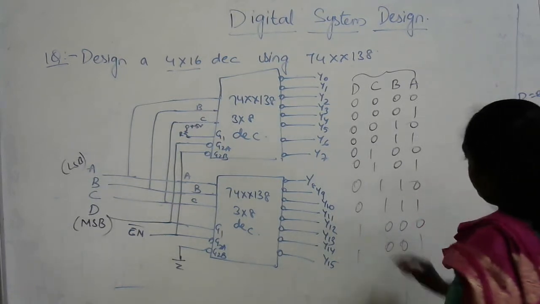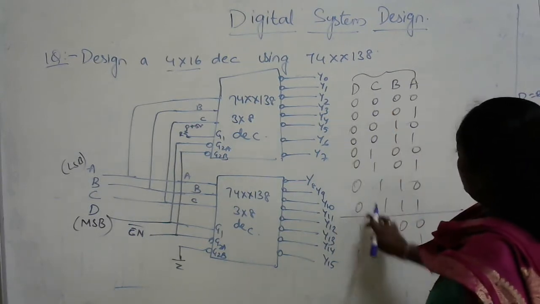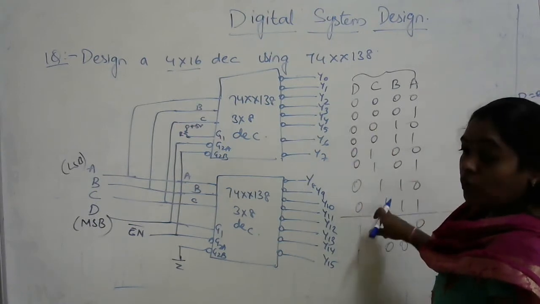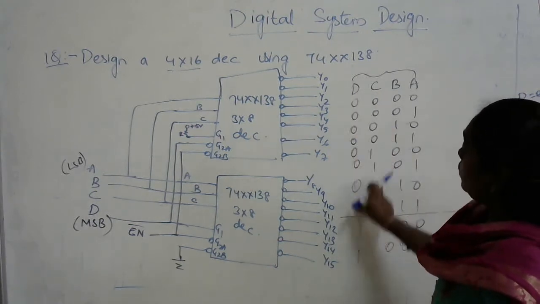Observe that from 0 to 7, the D value is 0.